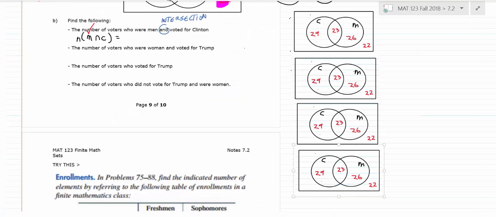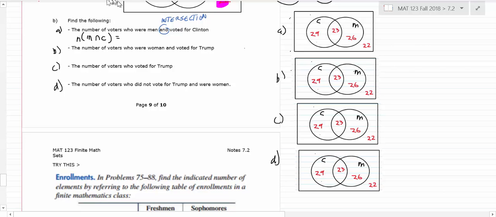Let's try to put this together now. I'll do this Venn diagram over here, and I'm going to label the regions A, B, C, D, and do each problem over at the side here, because this is the key, getting everything together.